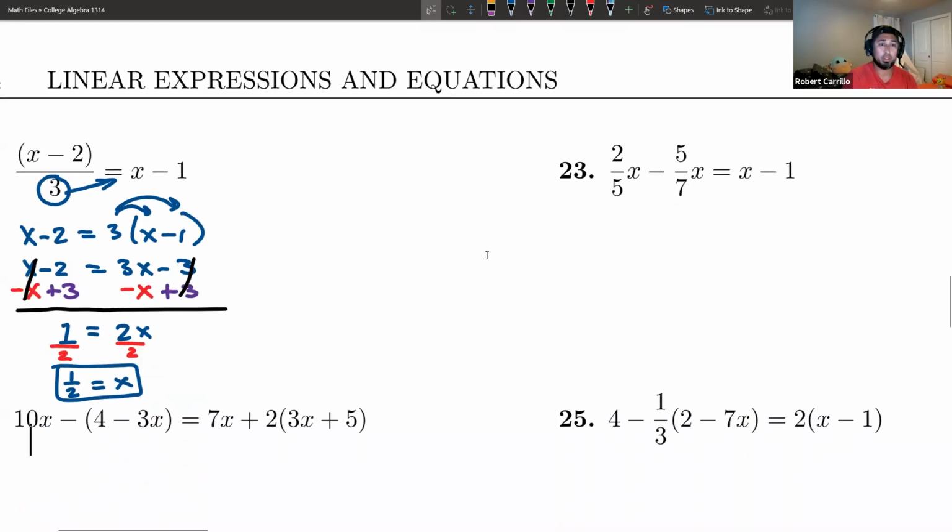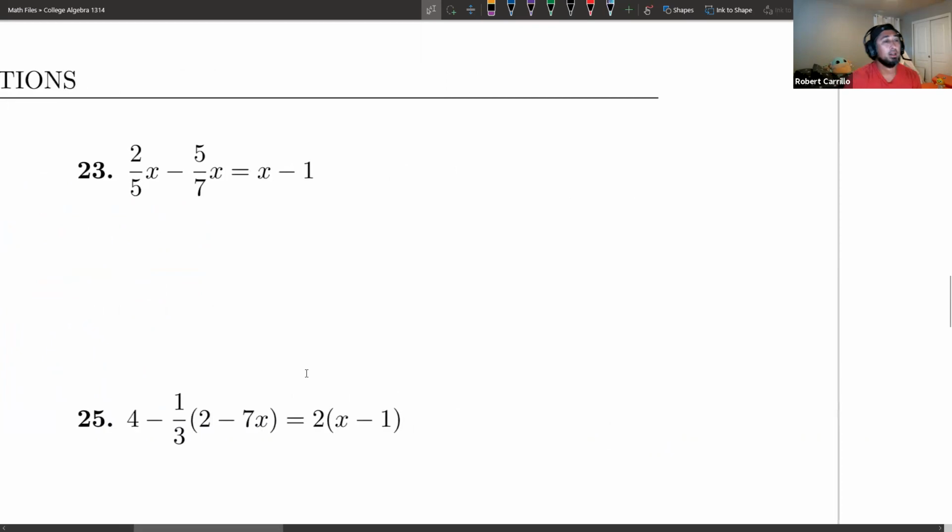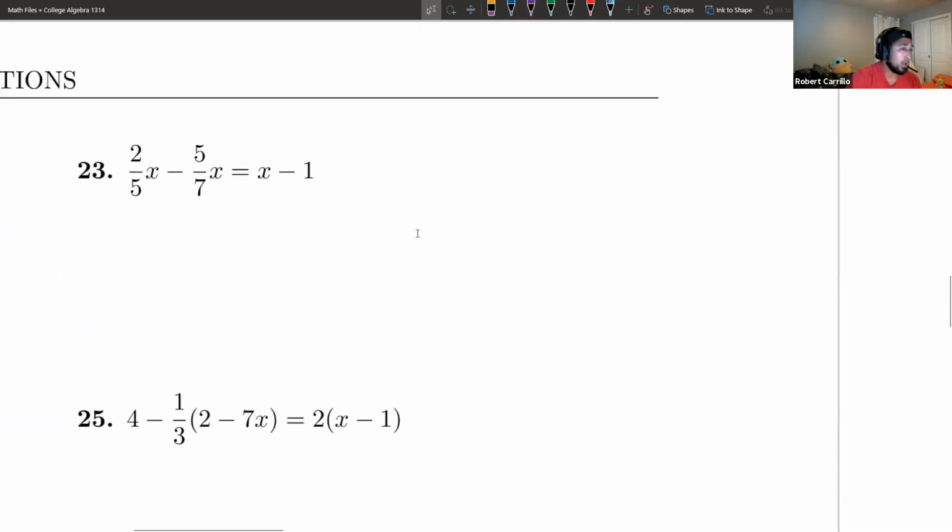Okay, that was 22. Now 23, 2/5 x minus 5/7 x equal to x minus 1. Oh man, look at all those lovely fractions. Okay, do you guys want to work with the fractions or do you want to get rid of the fractions? Whichever's on the exam.